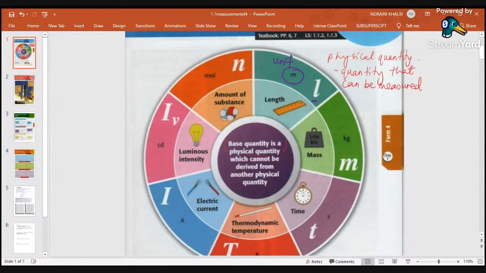Okay, meter. Okay, length, symbol L, unit meter. And then we have mass, symbol M, unit kilogram. This is SI unit. SI unit. Standard International Unit. Okay. Then we have time, small t, and the unit is second.